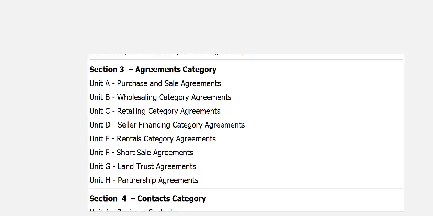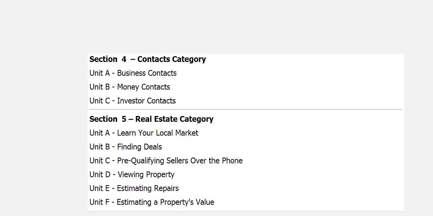Then we have landlord-tenant rentals categories, and short sale agreements, land trust agreements, and then partnership agreements, which include joint venture partners and private lenders.